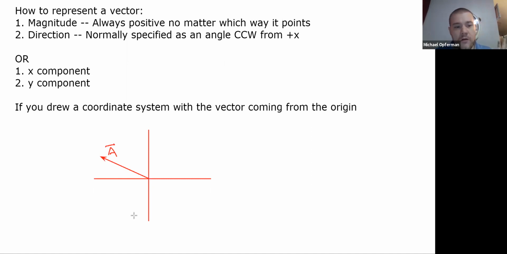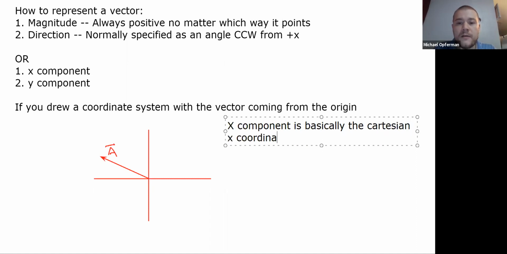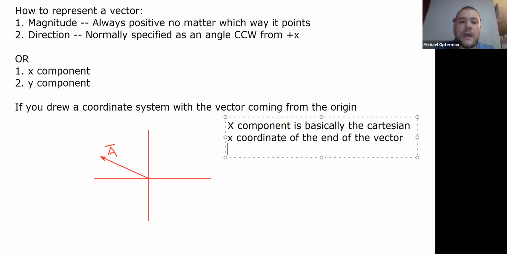So where are the x and y components? The x component is basically the Cartesian x coordinate of the end of the vector, and likewise for the y component.